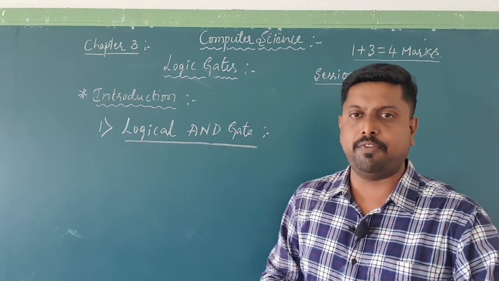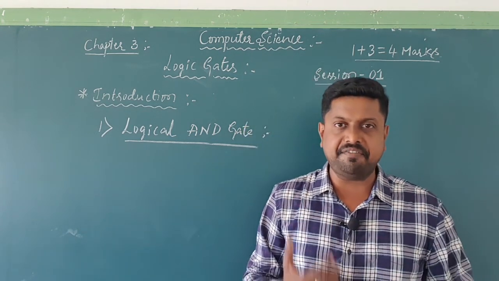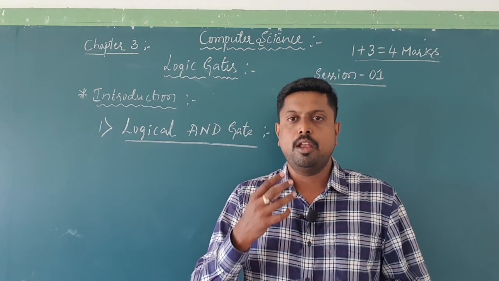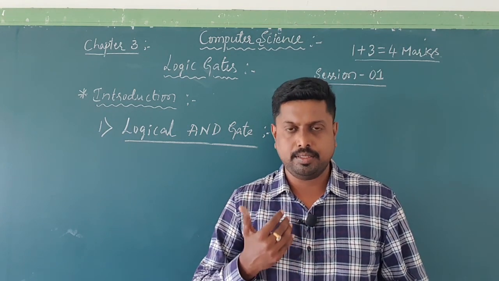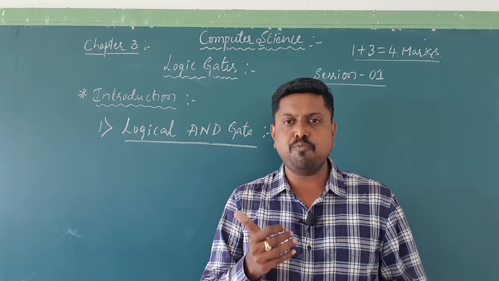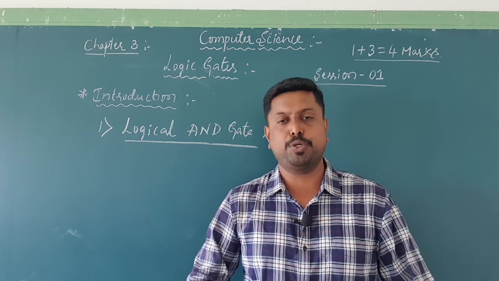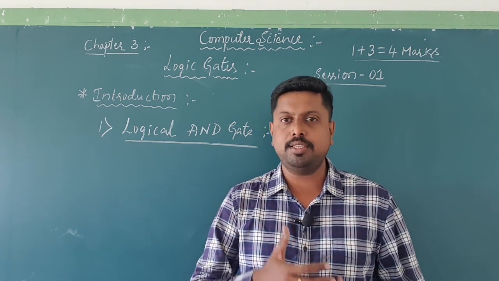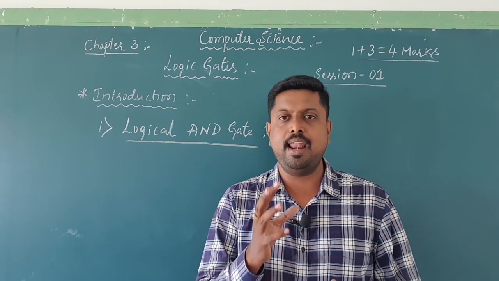See dear students, before writing its symbolic notation, let us discuss its definition. Logical AND gate is a kind of circuit, what we call a gate, which accepts one or more inputs and produces a single output.